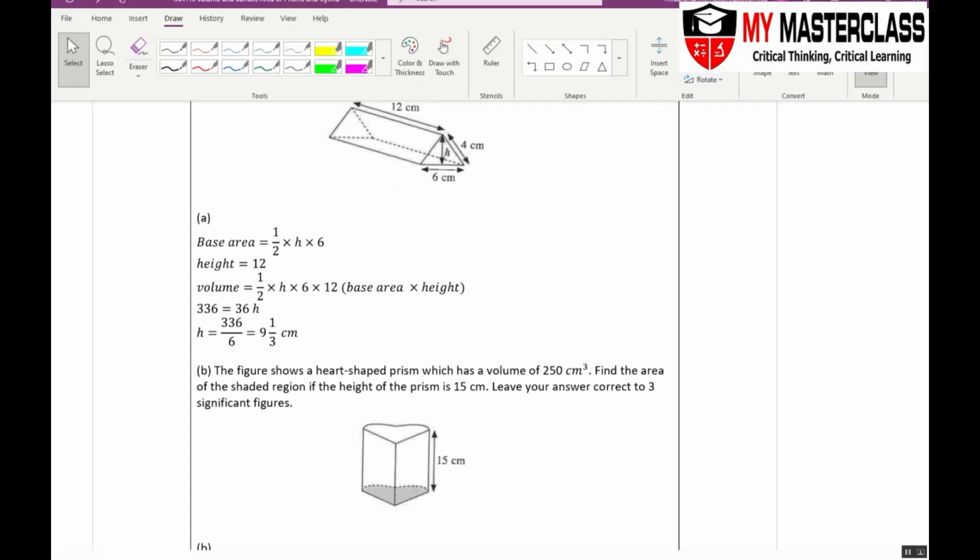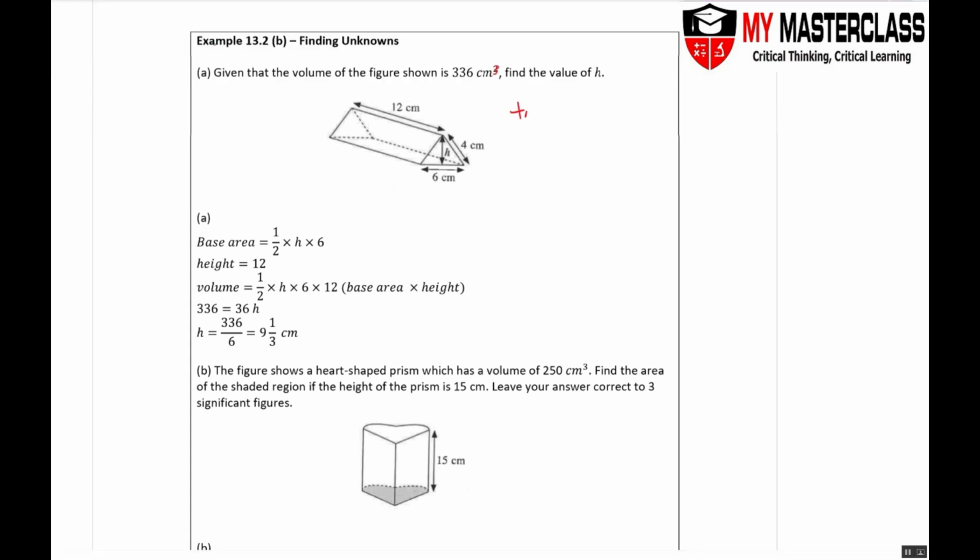Okay, so look at this diagram. This is an example of a triangular prism. Okay, so the cross-sectional area that I'm looking at in this scenario essentially is this triangle here. And the height you are looking at is this 12 cm, which is the height of the prism itself.